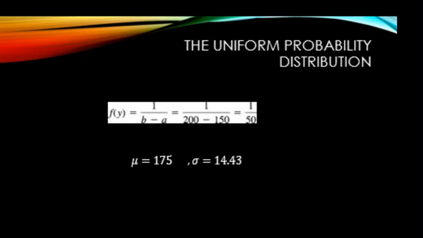Now, because it's a uniform distribution, f of y can be written as 1 over b minus a, or 1 divided by 200 minus 150, which is a constant. So it's just a constant 1 over 50 for this particular example. The mean we calculated is 175, and sigma is 14.43.